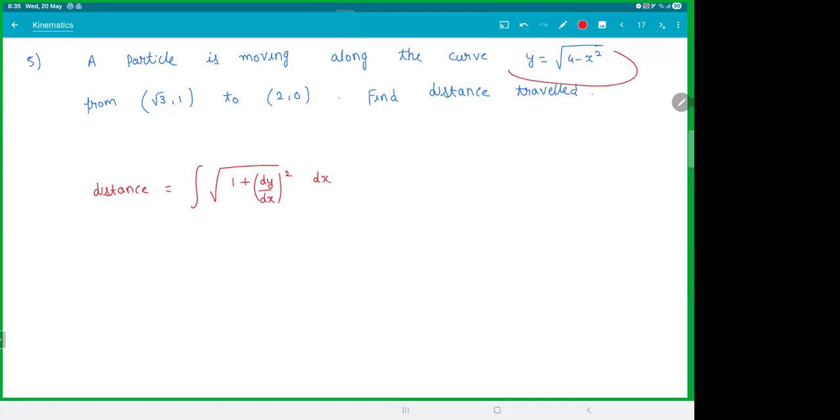So first differentiate this, do dy by dx, take that and substitute here, and then integrate. That's the process. You know why differentiate it, chain rule, take that, put it in this, and then you are getting it in terms of x. So you have to put x limits. So x is going from root 3 to 2. Bring everything in terms of x or everything in terms of y. I think getting everything in x is a better option.